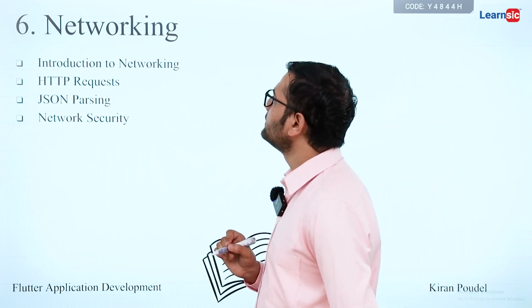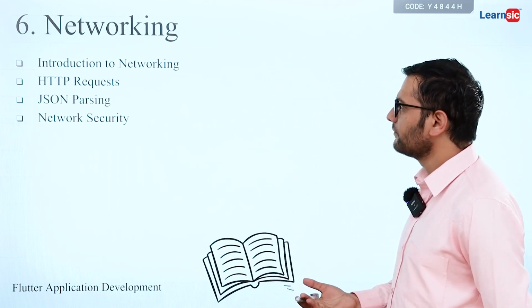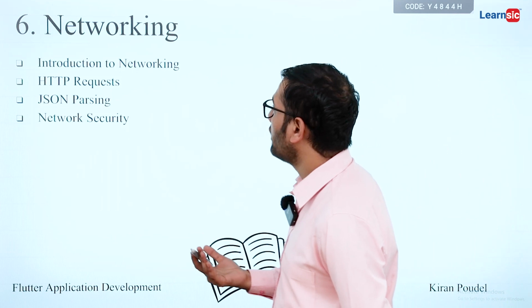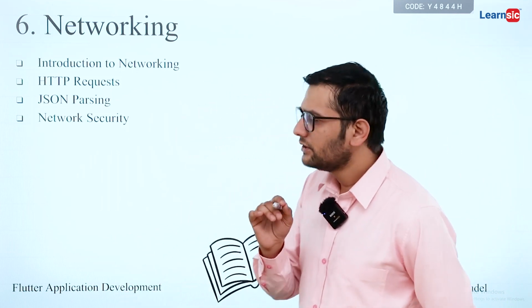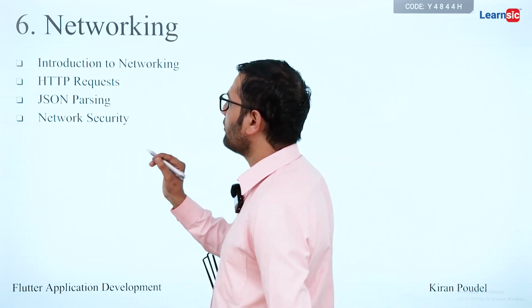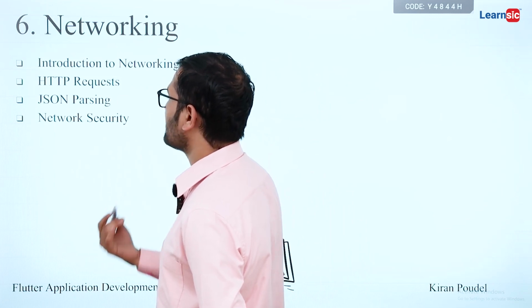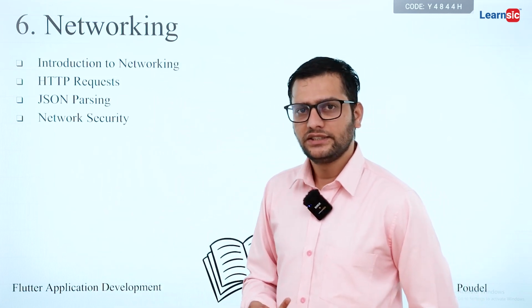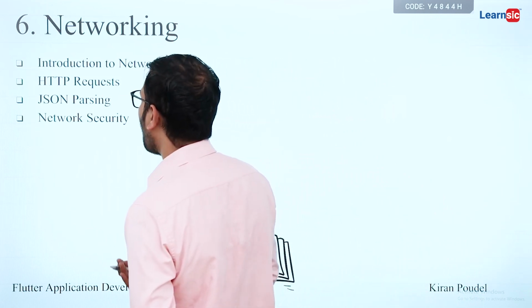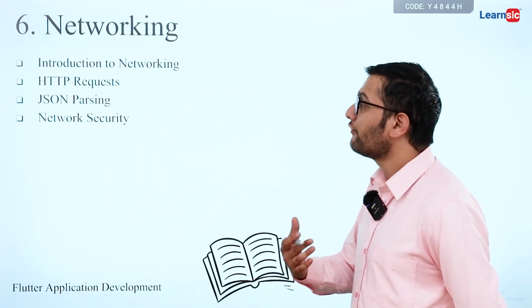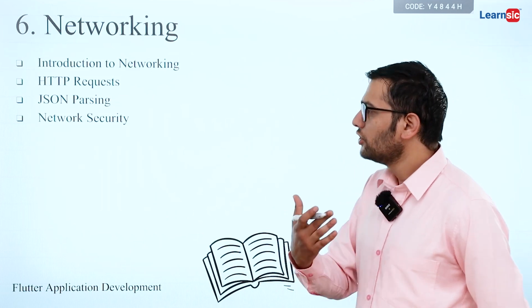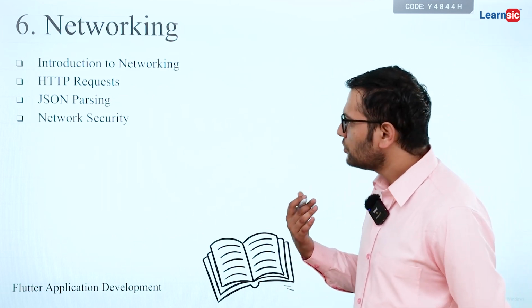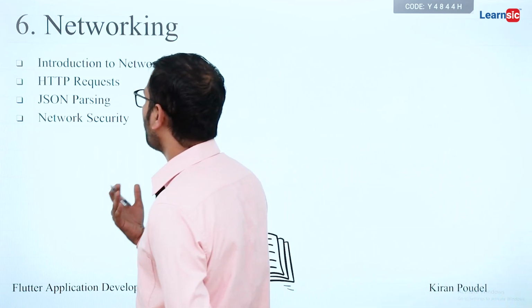The sixth segment is networking. Here we will learn about networking, and the most important thing to learn about networking is the HTTP request. There are different requests: post, get, create, patch. There are differences between those requests as well, so we will learn about those different operations.